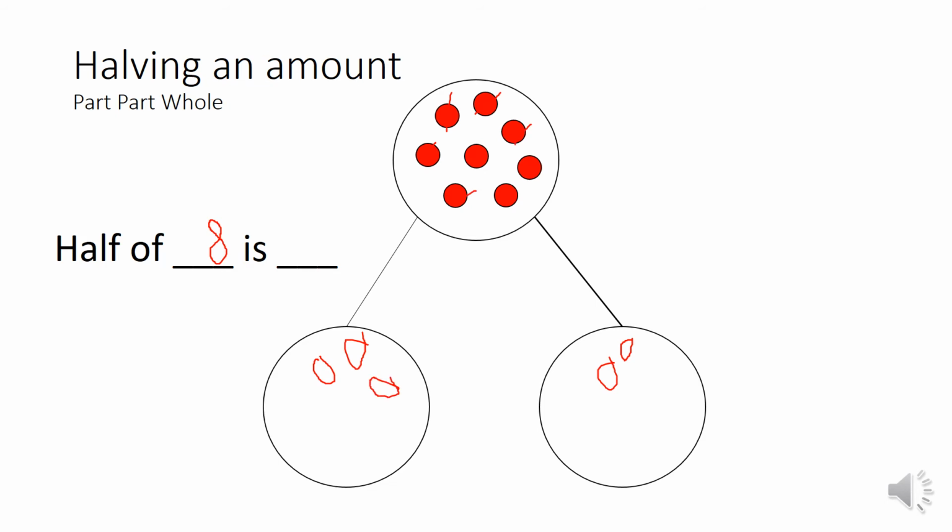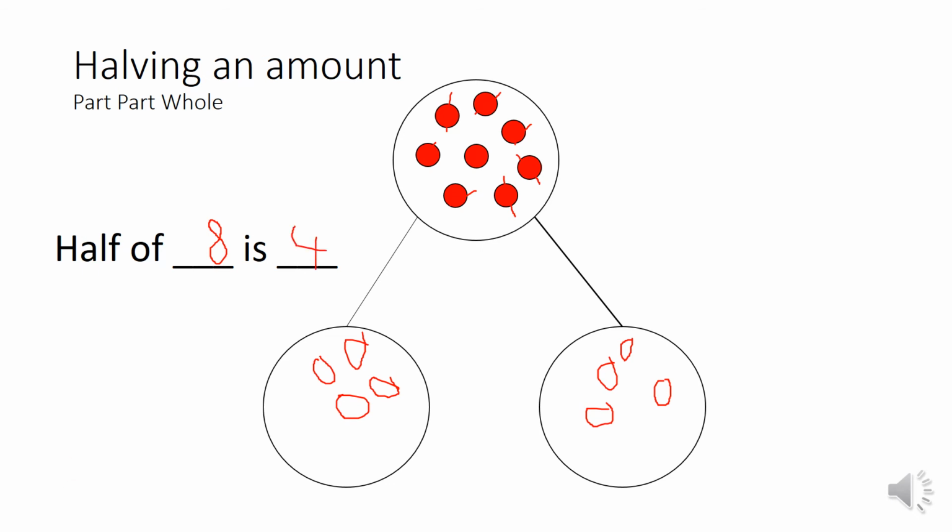That one in there. There we go. And then I need to count how many I've got in each group. So I've got 1, 2, 3, 4. And in this group I've got 1, 2, 3, 4. So half of 8 is 4.